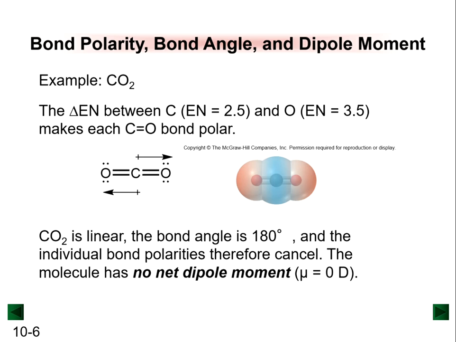So those identical twins pull on the central carbon atom, and that carbon atom doesn't move in either direction. So what happens then is the carbon region is slightly positive, and the oxygens are slightly negative, but as we look at the molecule overall, it has no net dipole moment.